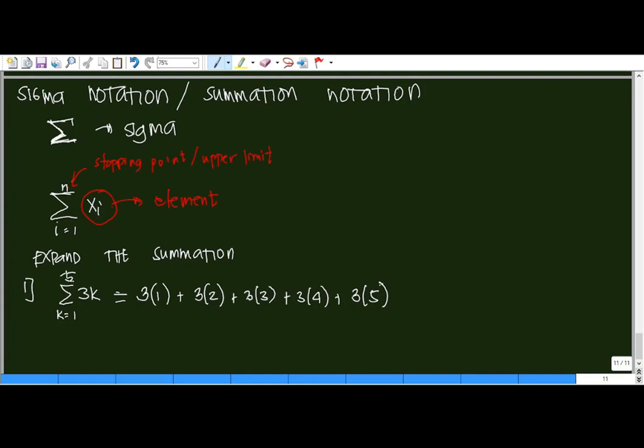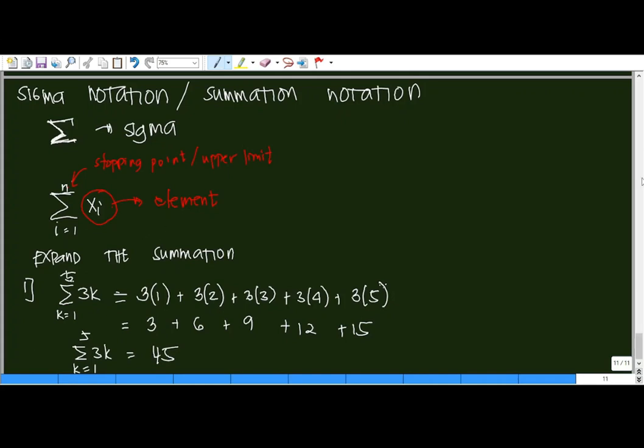So, I have to stop at 5. Therefore, this is 3 plus 6 plus 9 plus 12 plus 15. And putting this in your calculator, the sum of 3k, wherein k is from 1 to 5, that is equal to 45. And that is the expansion of your sigma notation.